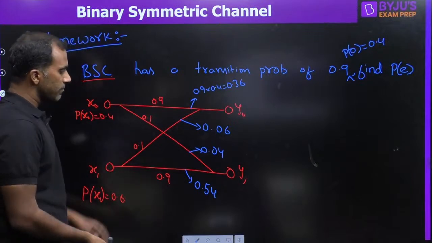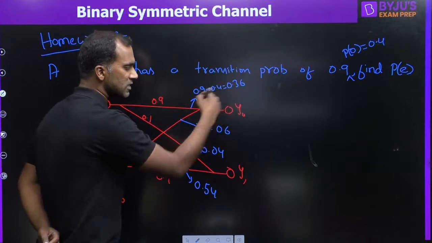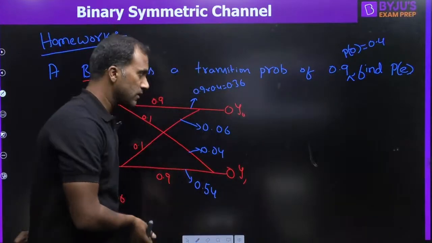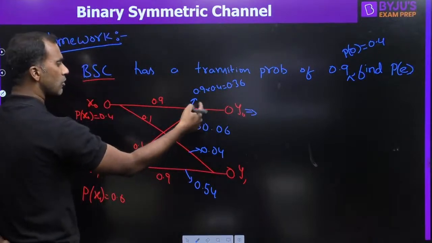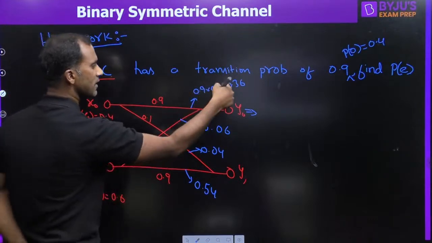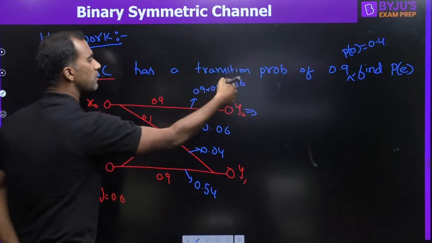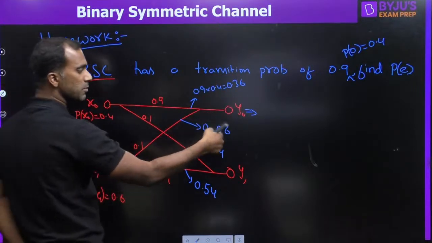Now, among these two lines ending at y0, let us make a decision based on y0. Decision making is not being asked in the question, but let us find it. There is nothing wrong in finding it out. For y0, we are getting more probability because of x0, with a probability of 0.36, and the same y0 we are getting because of x1 with a probability of 0.06.